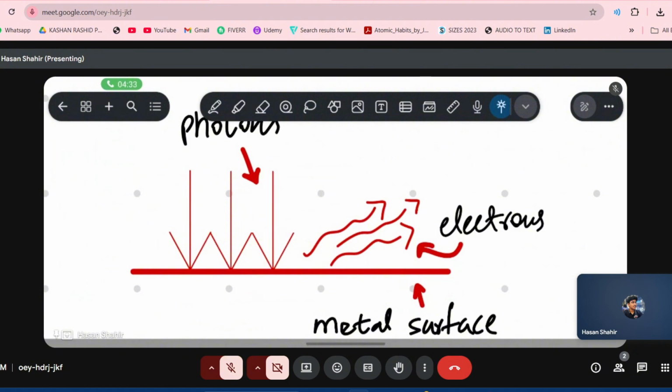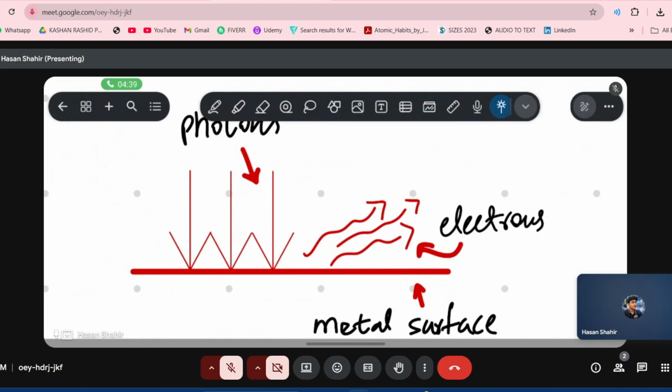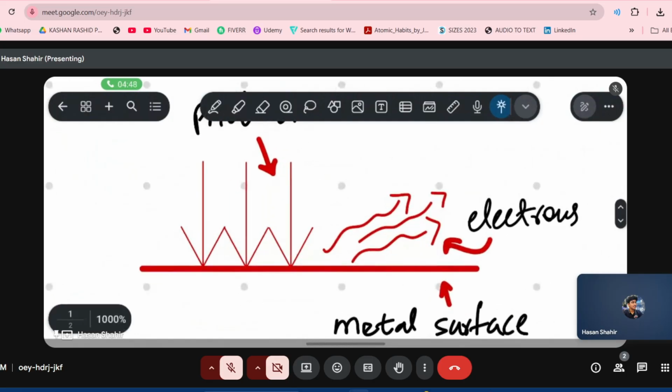Electromagnetic radiation contains photons, and a photon is a small packet of energy of electromagnetic radiation. So when this electromagnetic radiation strikes the metal surface, electrons are emitted off of the metal surface.